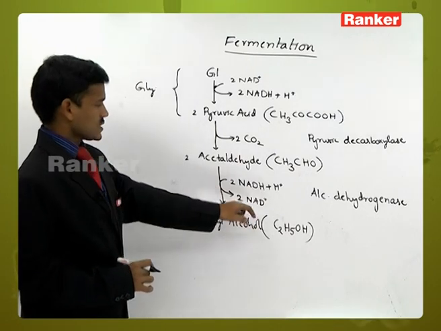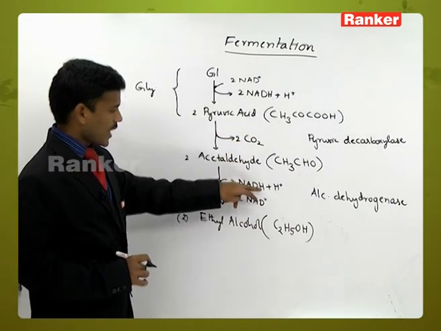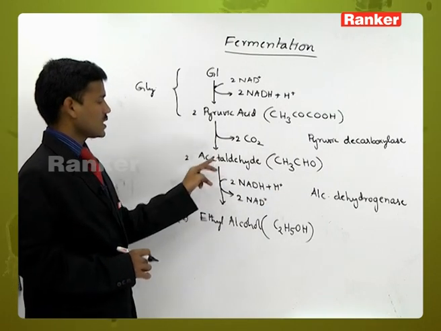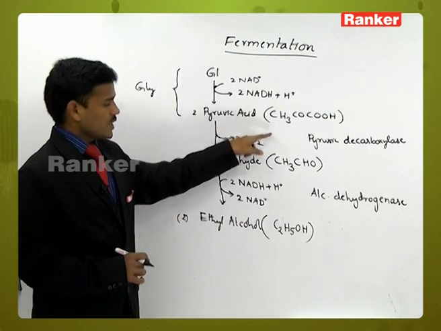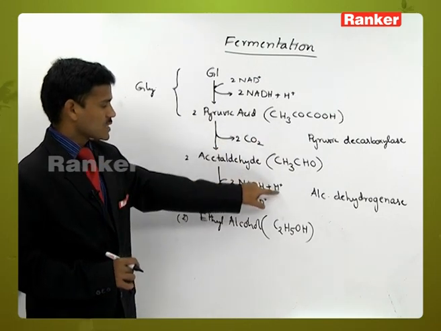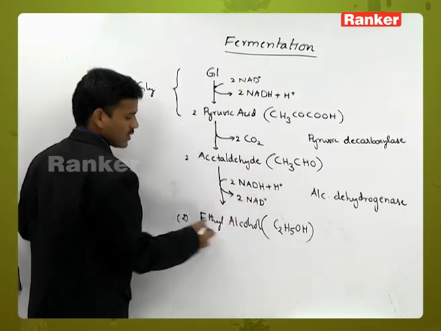Here decarboxylation is the removal of carbon dioxides. Here hydrogens are removed and given to acetaldehyde. So 2 enzymes are involved in 2 steps: removal of carbon dioxide, and removal of hydrogens which are added to acetaldehyde. At last ethyl alcohol is produced.